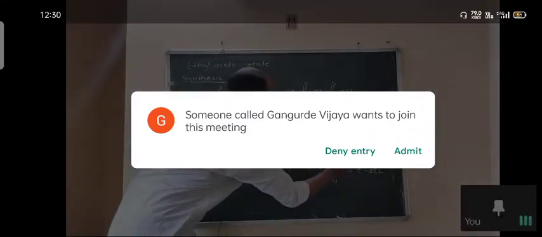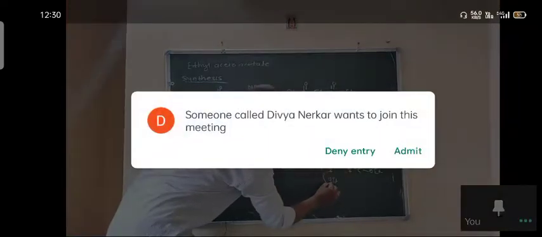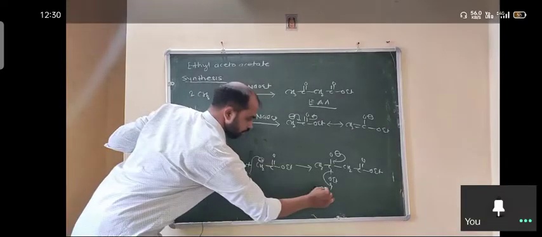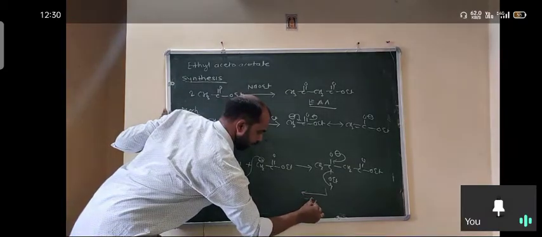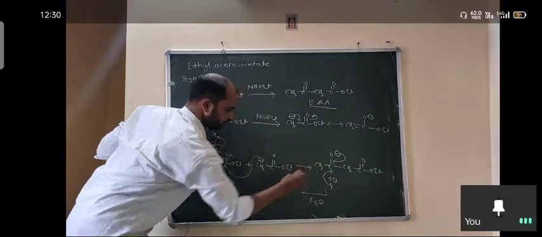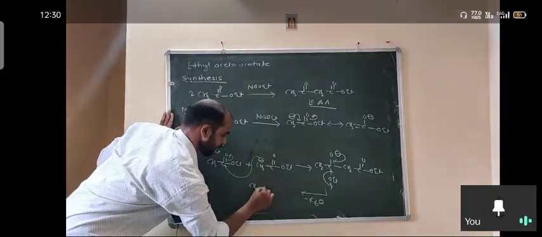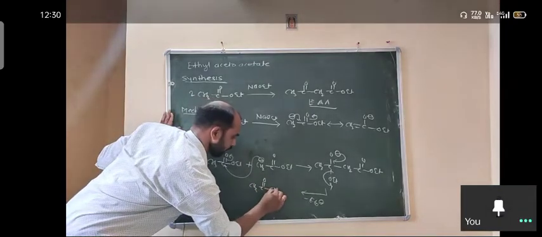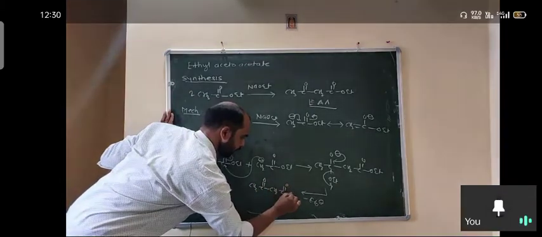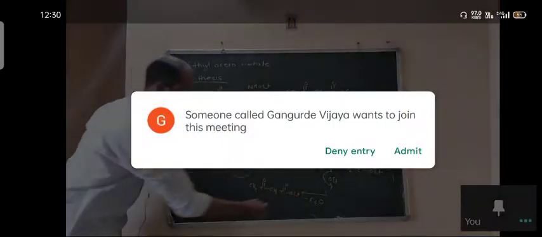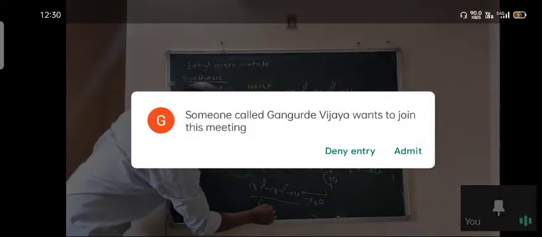What next? This comes and removes the OEt group. So after loss of EtO minus, what is the resulting compound? Here we get CH3 C double bond O, CH2, C double bond OEt. So it is ethyl acetoacetate.